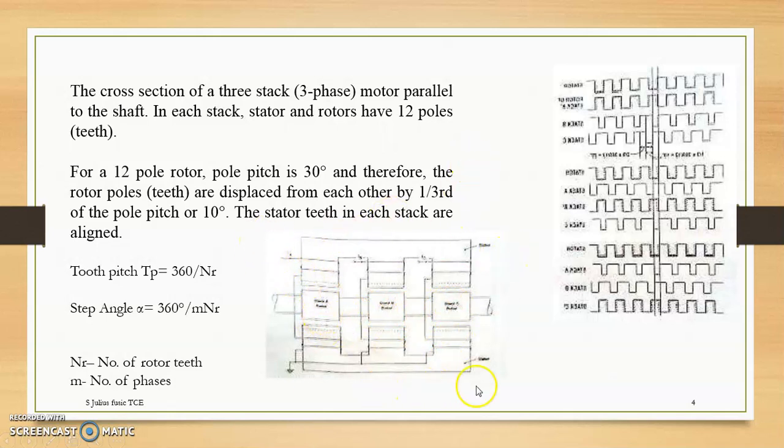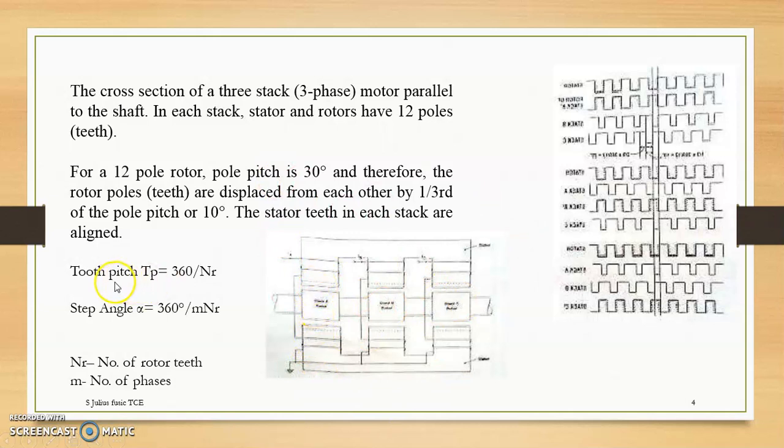If we have a 3-phase stator system with 3 stacks, the number of phases m will be equal to 3, and the total number of rotor teeth considered for this construction will be 12 poles or 12 teeth on the rotor, and the pole pitch will be 30 degrees. For 3 phase the pole pitch will be 30 degrees.